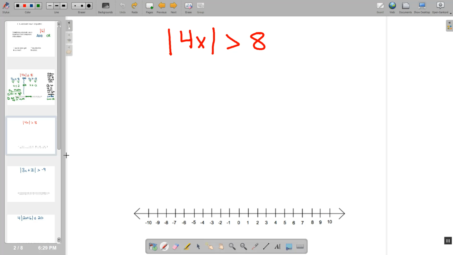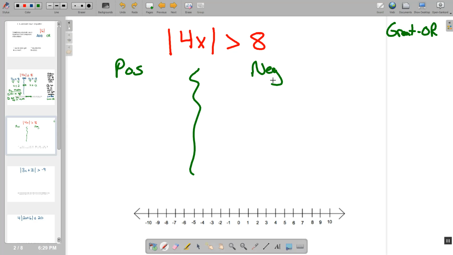So now we have basically the same equation, except we have a greater or symbol between. We remember that because it is greater or, we are going to set up the positive and negative sides just like we did before, except that we will have an or statement between them this time. We'll be very curious to see how that changes our final answer.